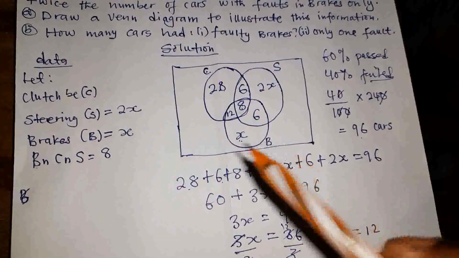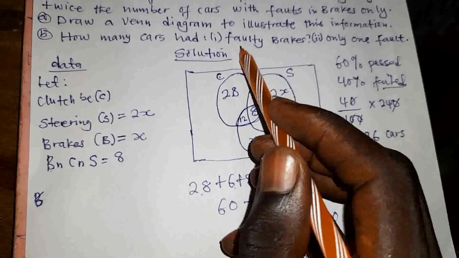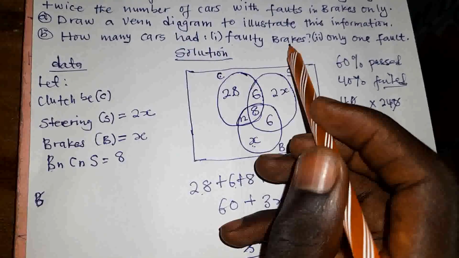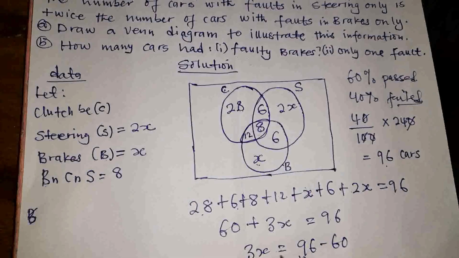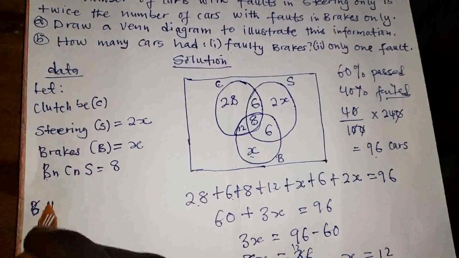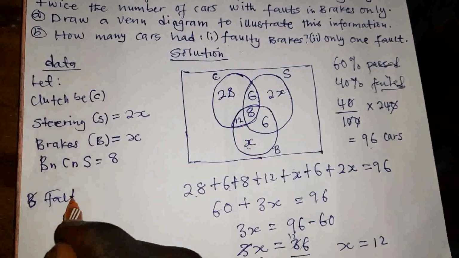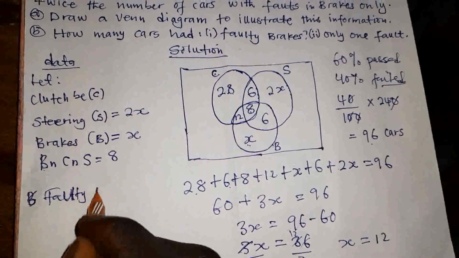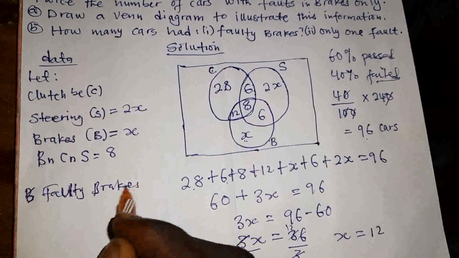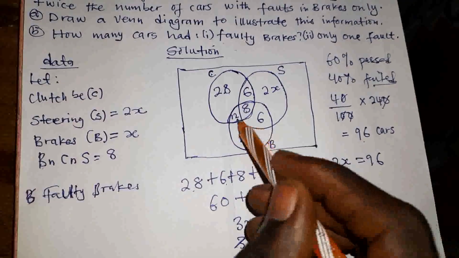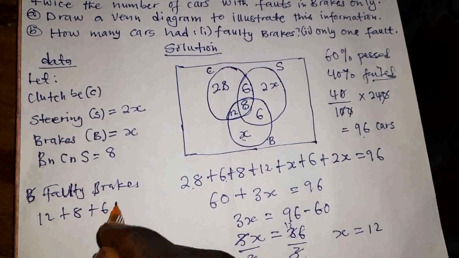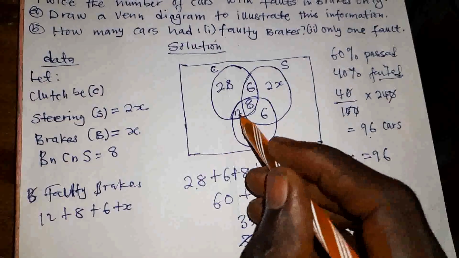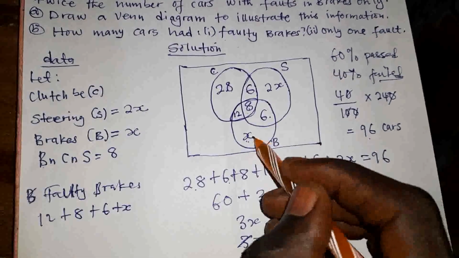So now the first question says faulty brakes. Where is the brakes? The brakes is here. Good. So faulty in brakes, let's write faulty in brakes. Brakes is here, this 12. 12 plus 8 plus 6 plus x.